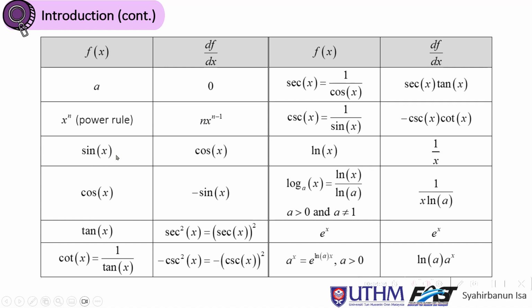We also have the differentiation of the trigonometric functions. The differentiation of sine x is cos x. The differentiation of cos x is negative sine x. Tangent, and so on until cosecant x. Here I also put the main formulas for cotangent, secant, and cosecant. We also have the logarithmic functions, ln and also log base a here.